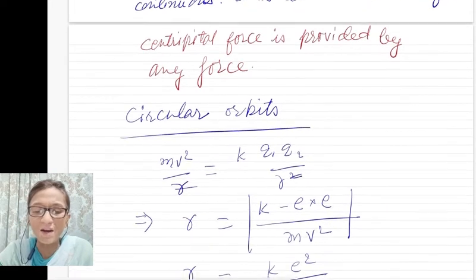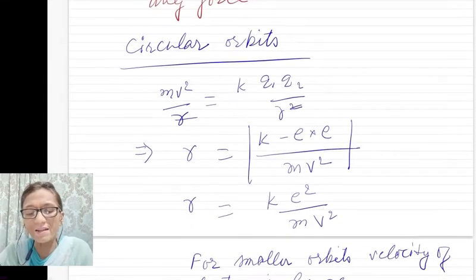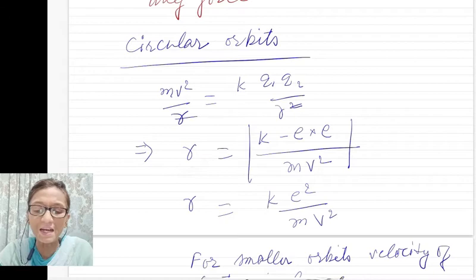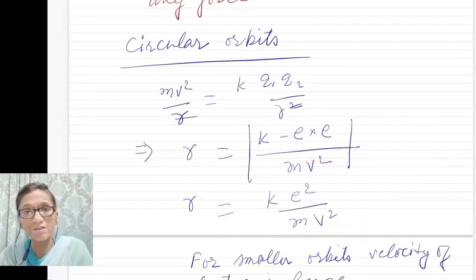This was one drawback of Rutherford model. Another thing, the radius could not be found by his model because the velocity of the electron in its circular path could not be obtained.